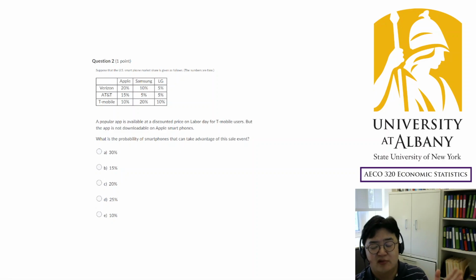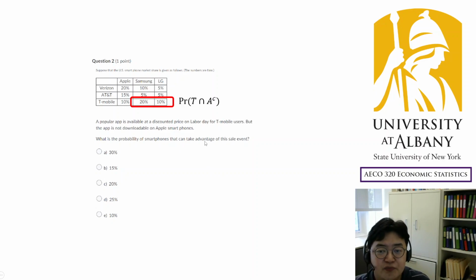It's a simple question. First, you have to understand that to take advantage of this discount, you should be a T-Mobile user and you should not be an Apple smartphone user. So basically, there are two conditions: T-Mobile and non-Apple.